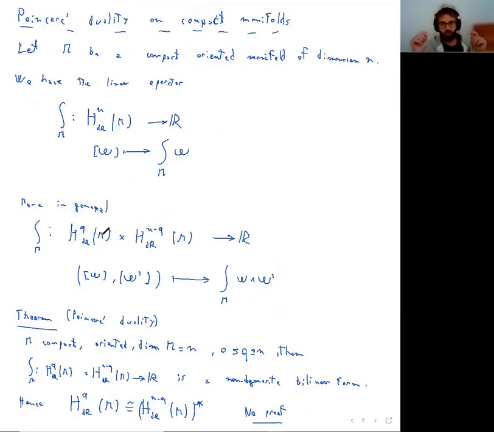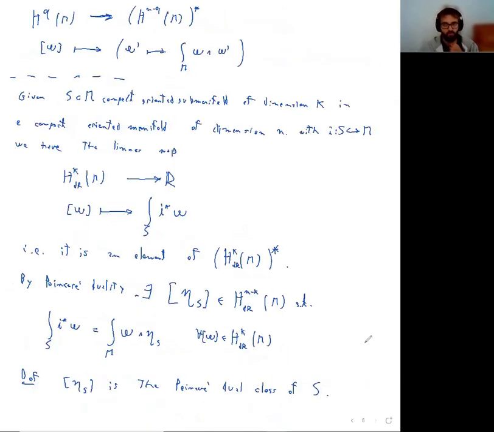So the dual of the one with compact support is the one without compact support, and vice versa. And so things change a bit because when you take the dual of the things with compact support, you could not really talk about smooth forms anymore. You have to talk about basically forms which have distributions as coefficients.